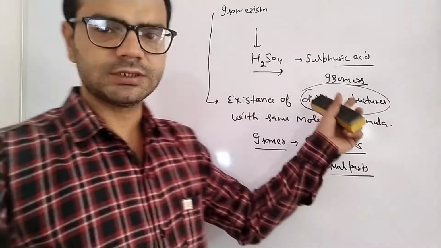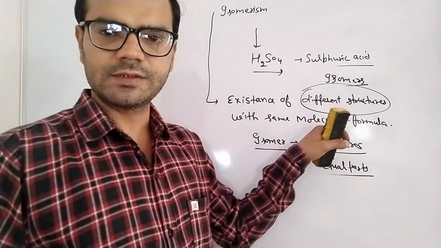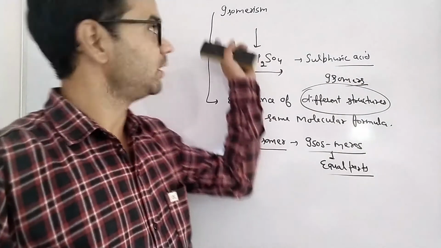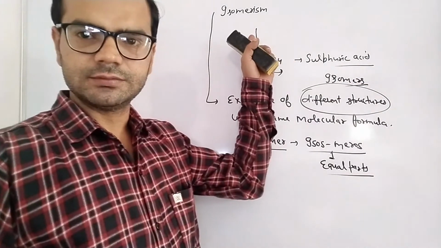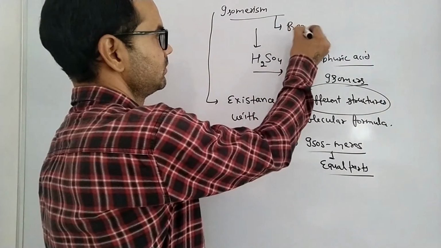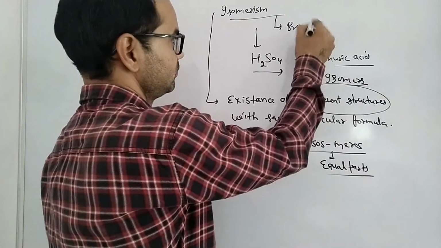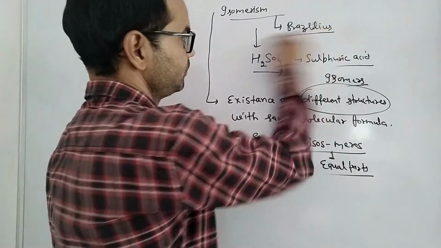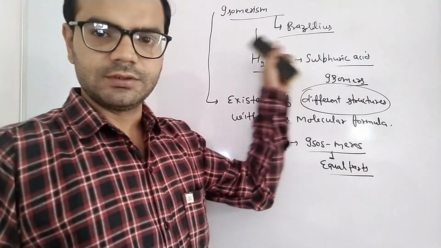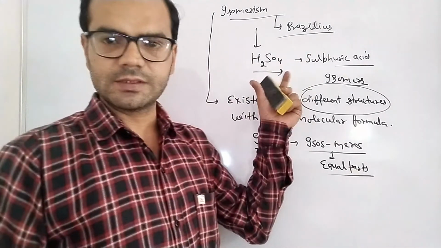So different structures of the same organic compound having the same molecular formula are called isomers, and the phenomenon is called isomerism. Right? Isomerism was explained by Berzelius.